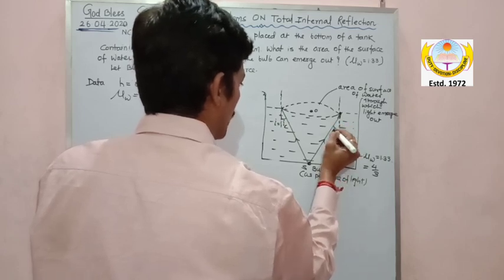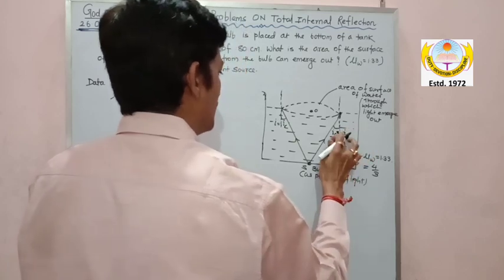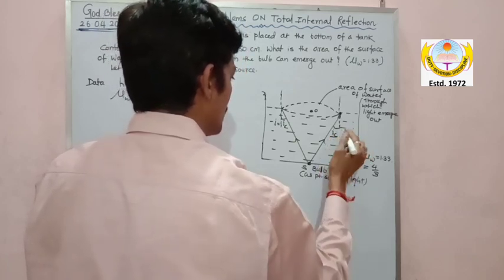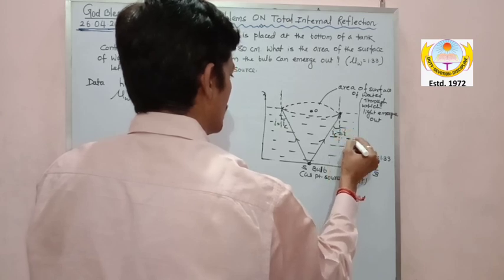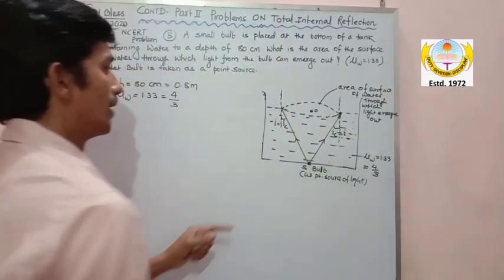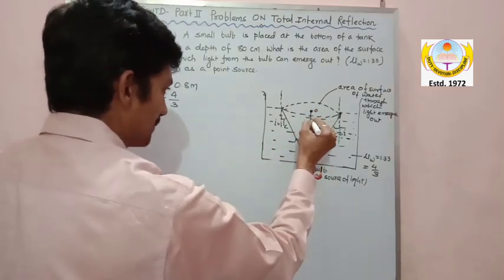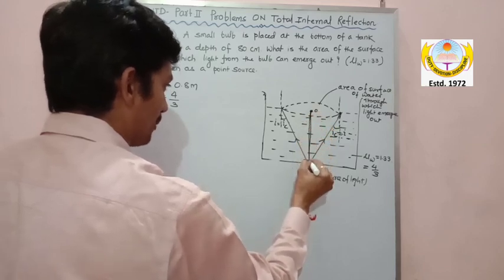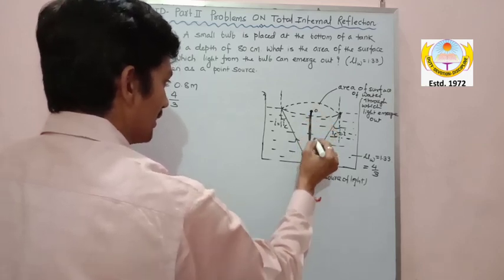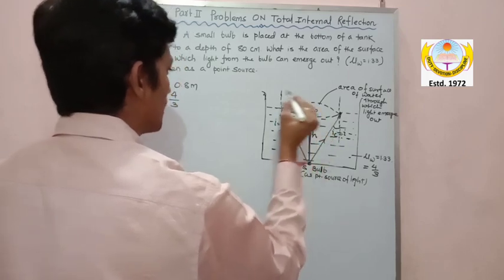Here is also IC, and that is equal to I. I hope it is clear. And this is the H. We all know this is the depth of the point source of light from the surface. This is your H, and we all know that this is your R.